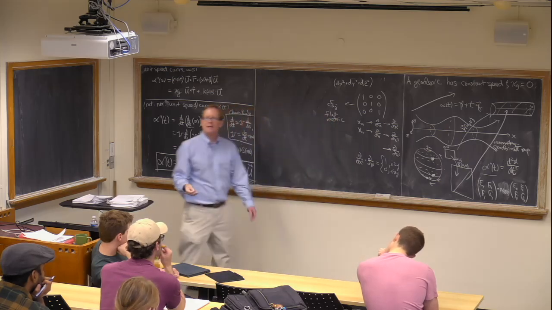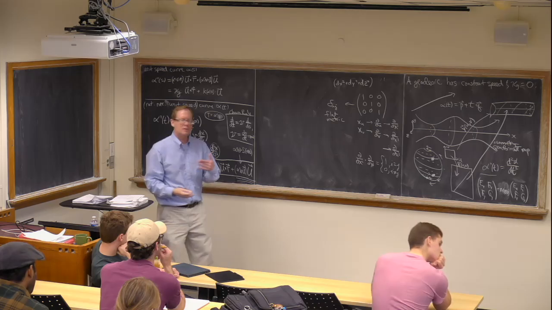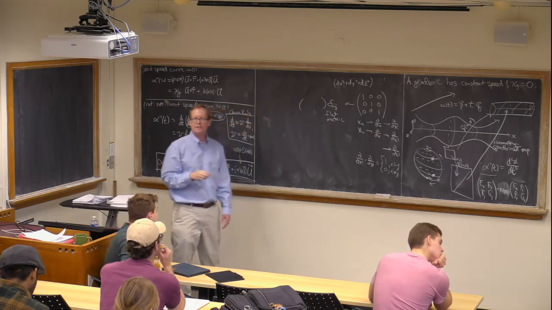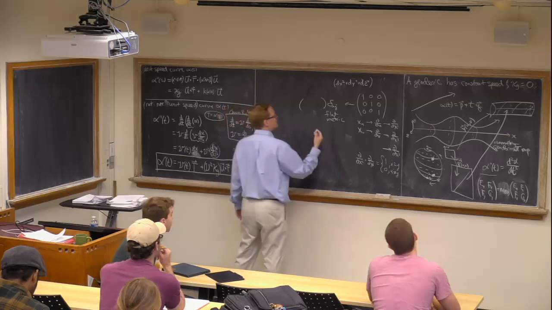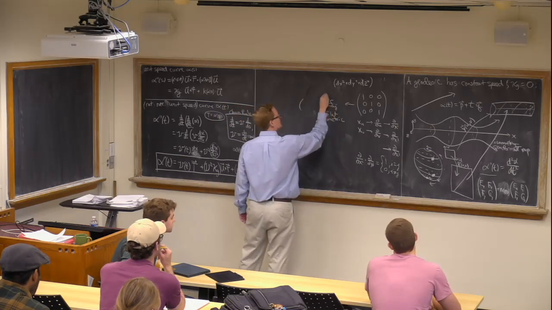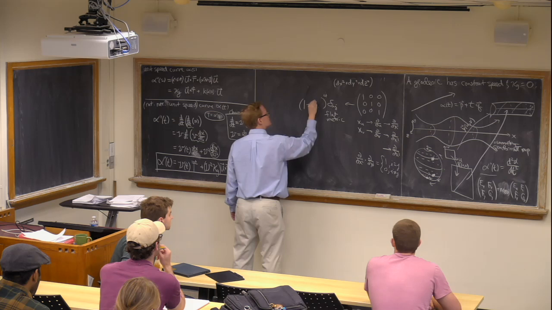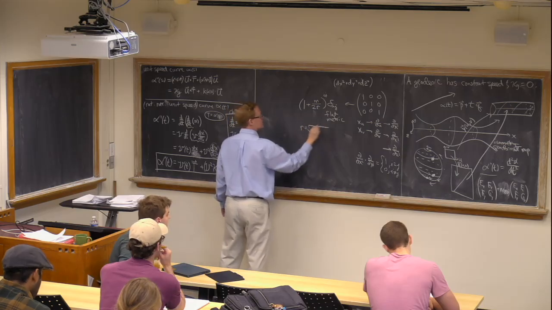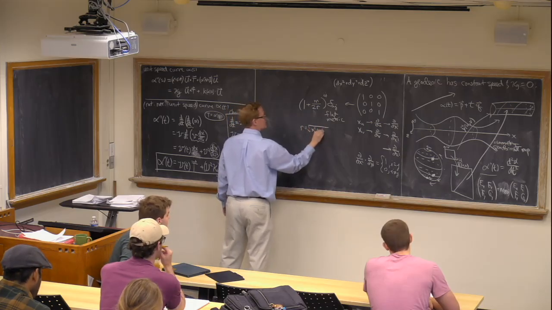Now how would I get a metric conformal to that? Well, you could just multiply by some function. Just take some function of x, y, and z, and the function I want to show you is 1 plus m, some constant m, over 2r, where r is equal to the square root of x squared plus y squared plus z squared.